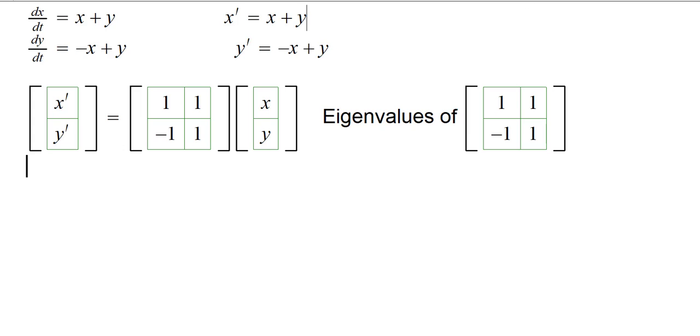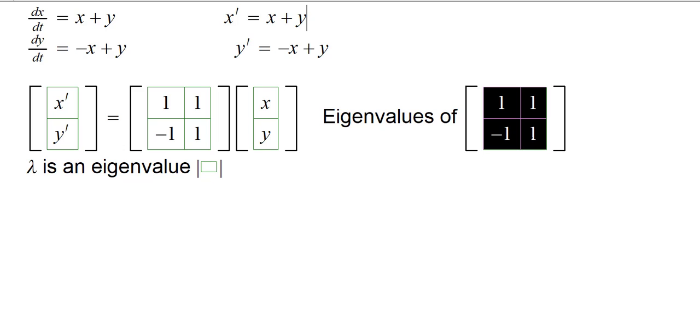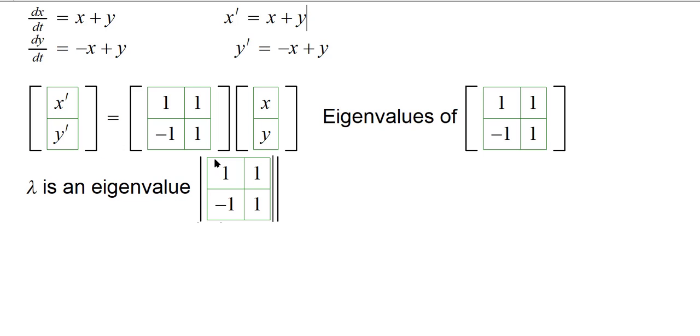And again, just recalling the procedure: if lambda is an eigenvalue, what does that imply is that this determinant that we obtain by subtracting lambda from the diagonal elements has to be 0.